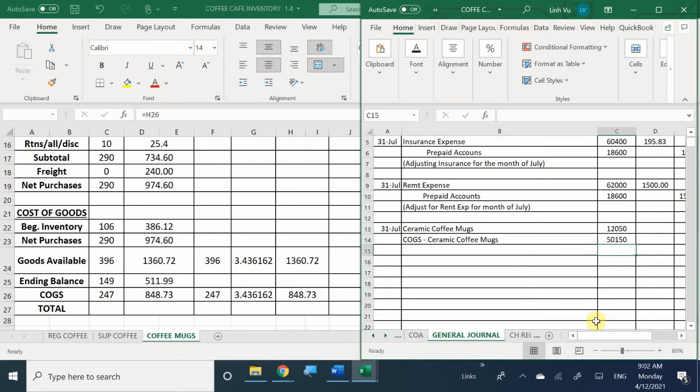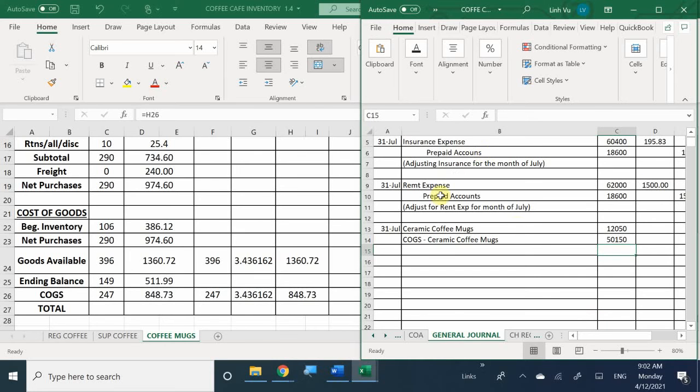Okay. What else do we need to recognize? Ending balance.